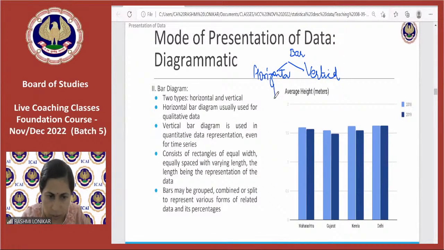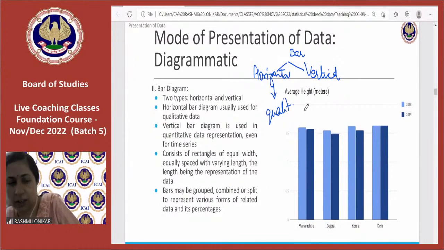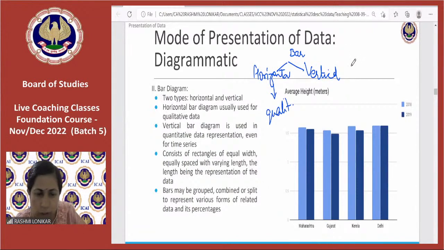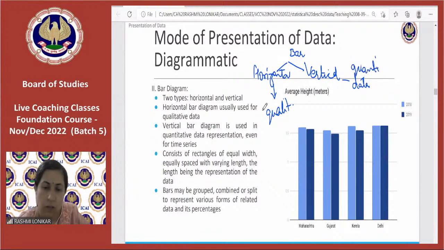Horizontal, we usually use when we are talking about qualitative features or qualitative data. Vertical is when you want to present proper quantitative data.